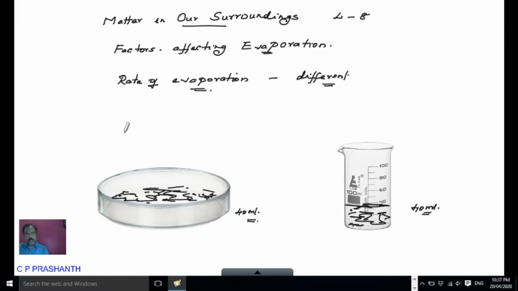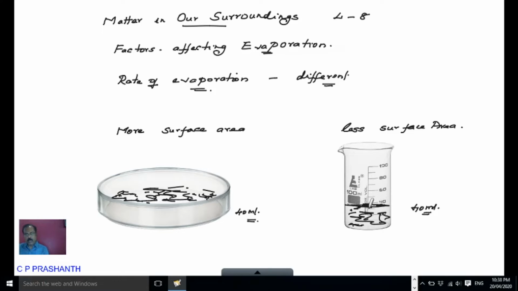It will be different, because here you have more surface area, whereas in this case you have less surface area. So water can be evaporated from a larger surface.